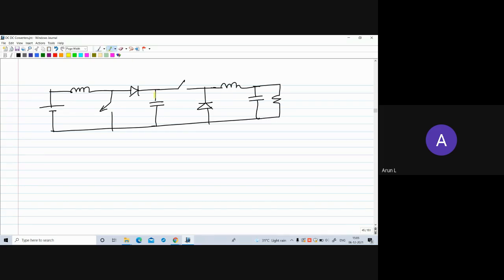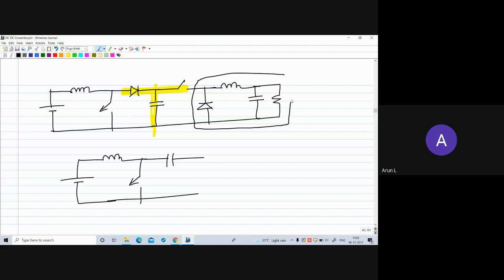Then this part of the circuit, that is this combination of diode, switch and capacitance, can be simply replaced by a coupling capacitor. I will draw one more figure. Simply replace that section by a coupling capacitor and flip this section.